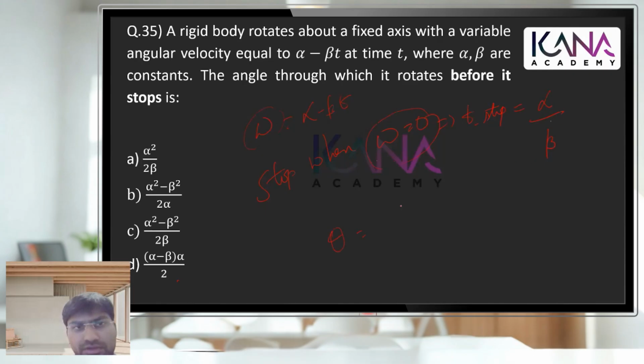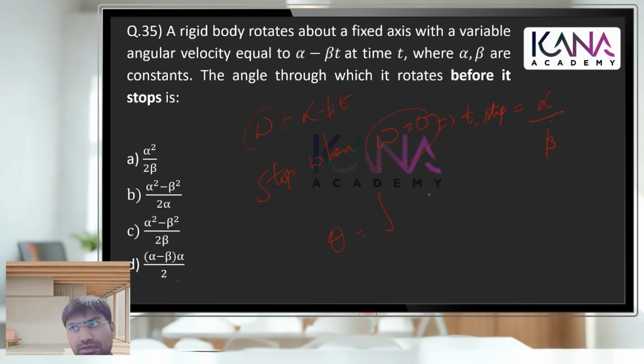So if you come back to theta, how to find the angle?